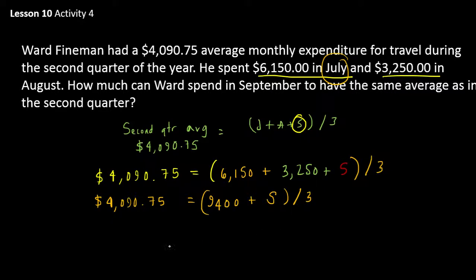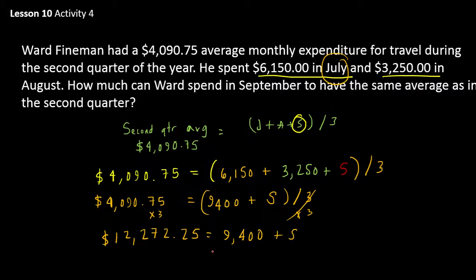I multiply both sides of my equation by 3 to get rid of that 3. I get $12,272.25 equals $9,400 plus September.